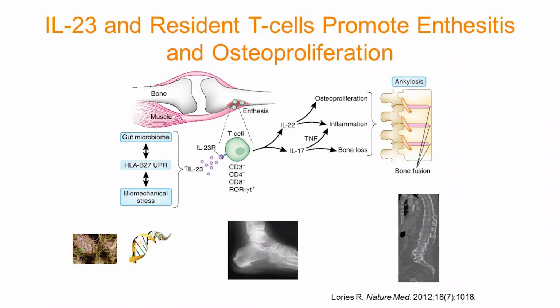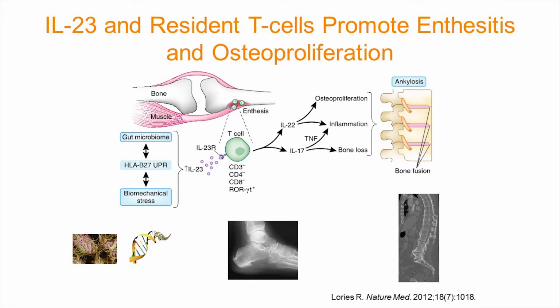So these points of enthesitis are usually in areas such as the heel where you can get a lot of trauma, and whether trauma can also induce IL-23, which then helps recruit and expand more T cells, which then causes this cascade of not only what we see in the skin, but also osteoproliferation and inflammation and bone loss, and what we see on X-ray.